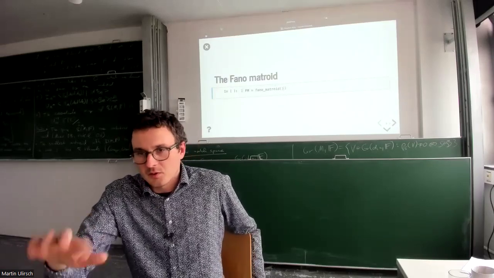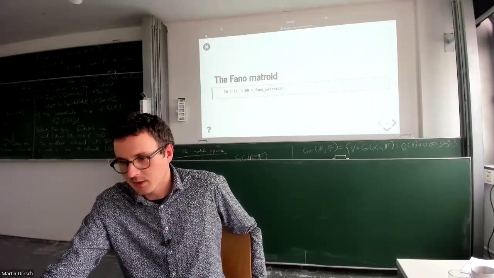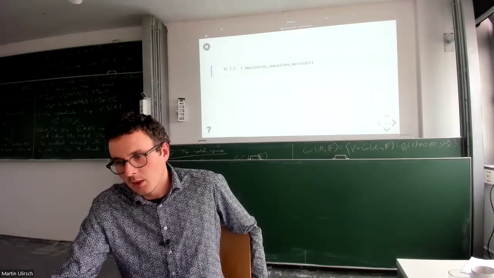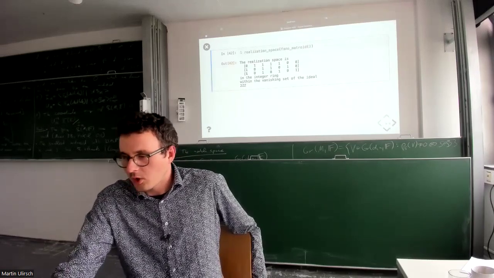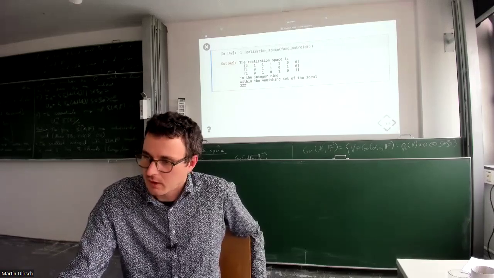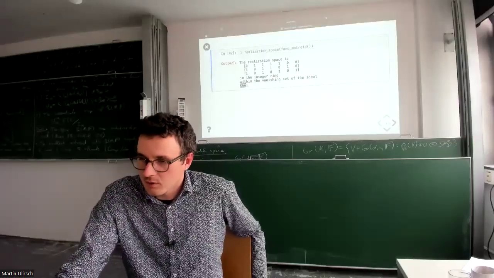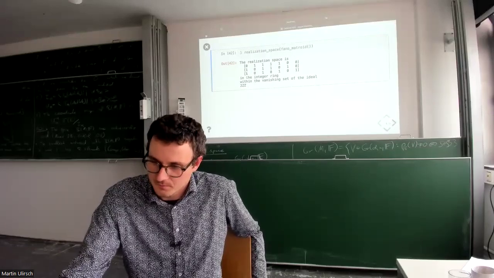And here, also to your question about different fields or characteristics, is the Fano matroid. It's a well-known example. The realization space is again just one point, one matrix, but this time we see that 2 should vanish, meaning that 2 should be equal to 0, and that just means it's only realizable in fields of characteristic 2.